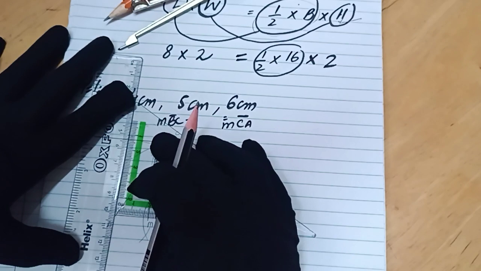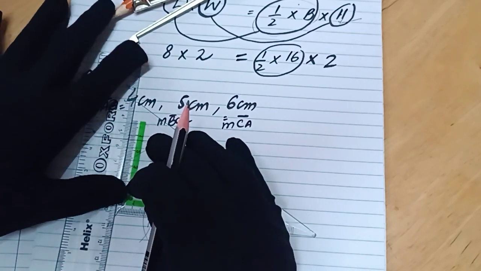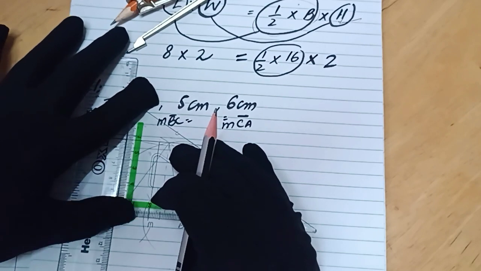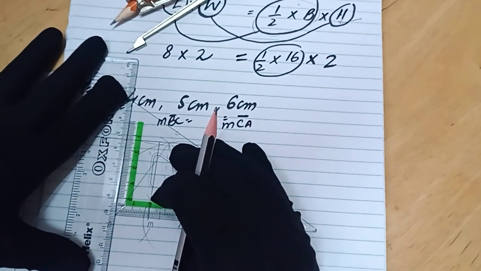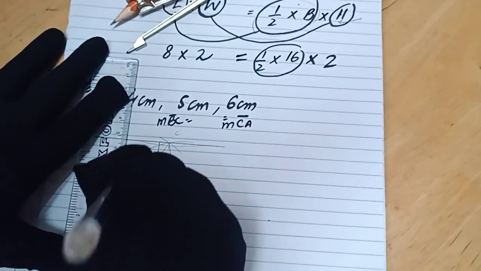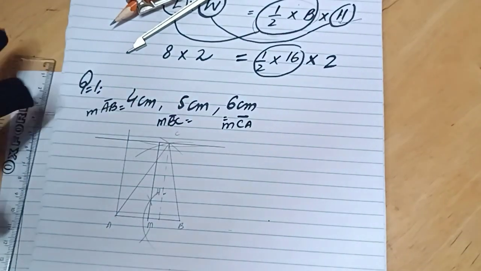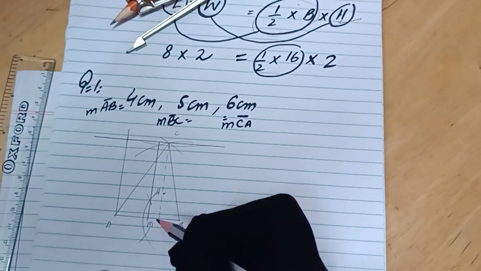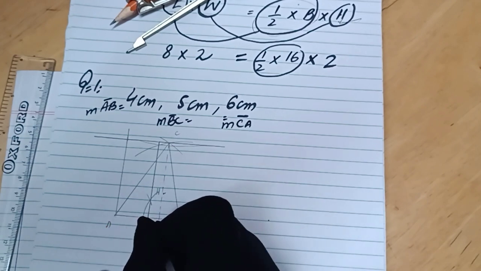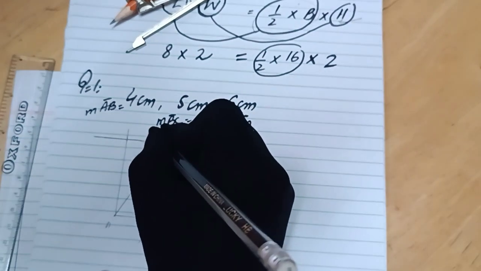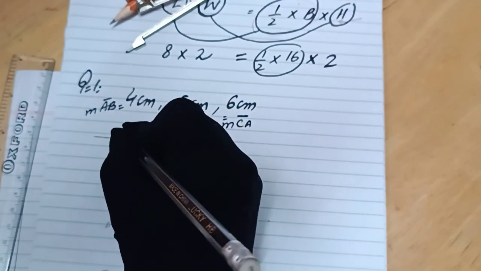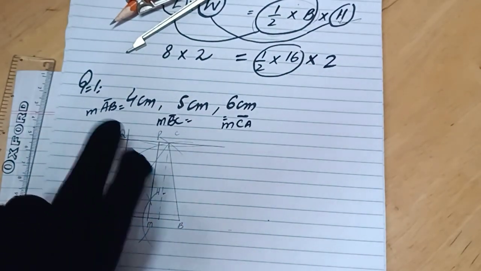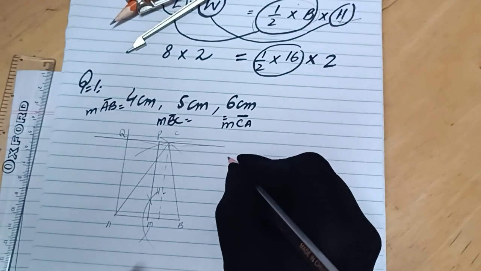Otherwise, you can set it every time with the set square also and then draw it in this way. So you can name it as AMPQ.